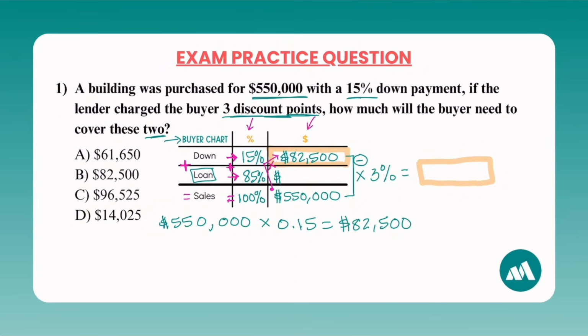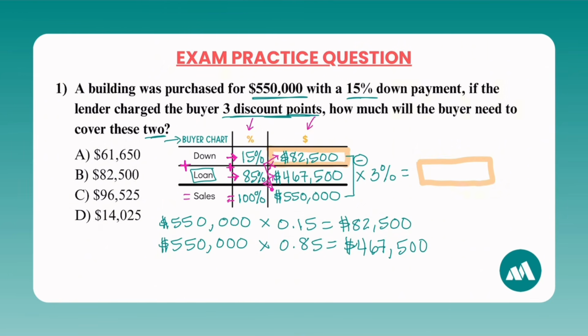We can also multiply 550,000 times 85% to get our loan amount. So let's do that. $550,000 times 0.85 is going to equal $467,500. So that's our loan amount, $467,500.